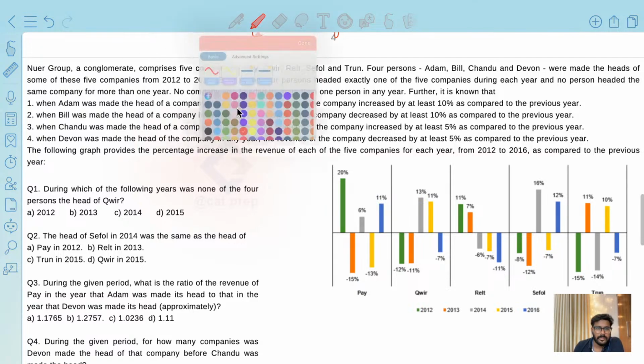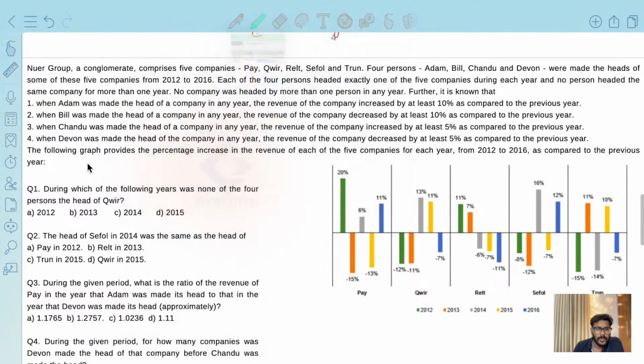What is starting? Newer Group, a conglomerate, comprises 5 companies, P, Q, R, S and T, and 4 persons. Here are the heads of some of these 5 companies from 2012 to 16.